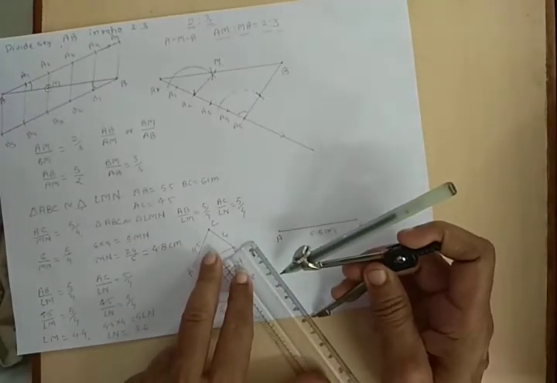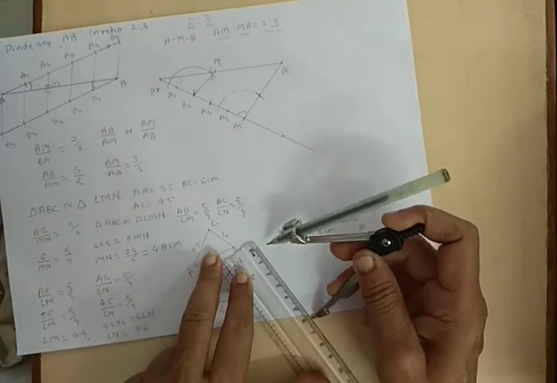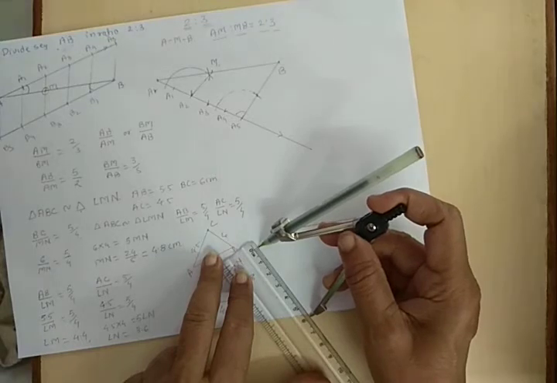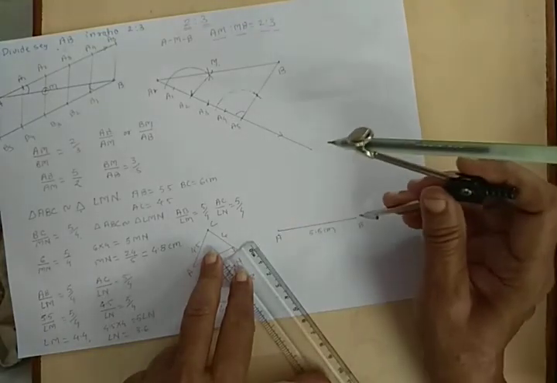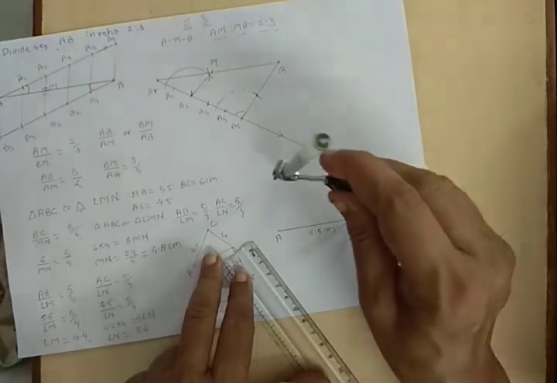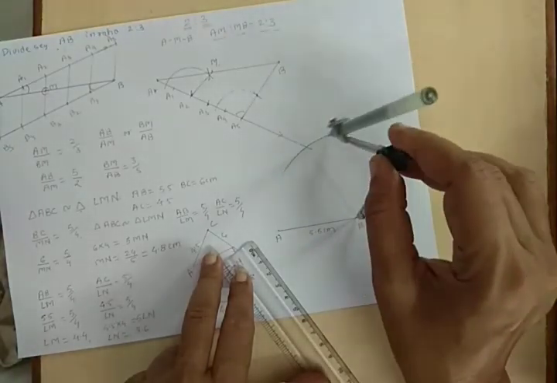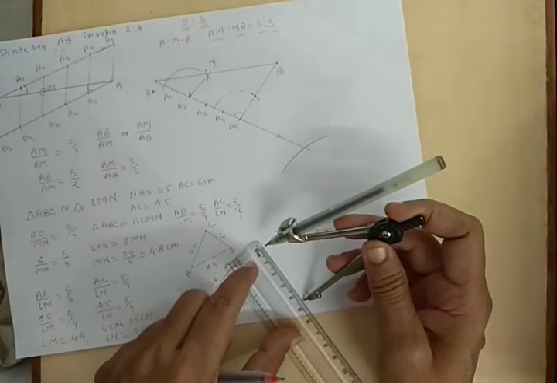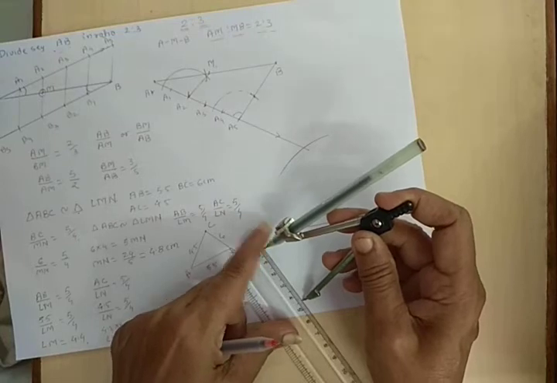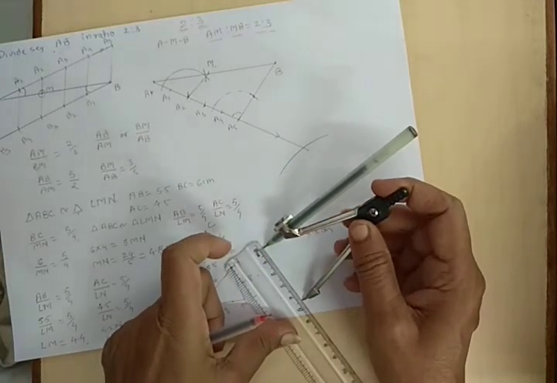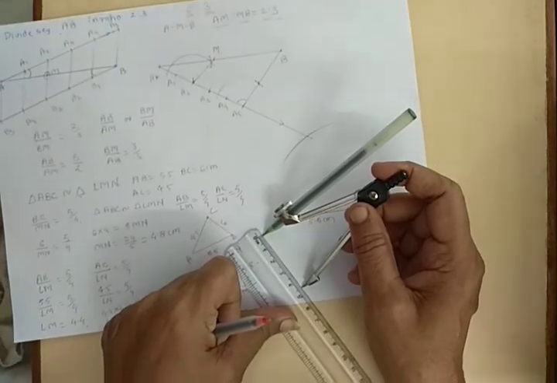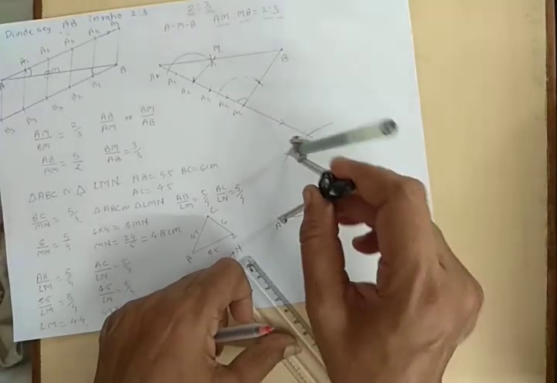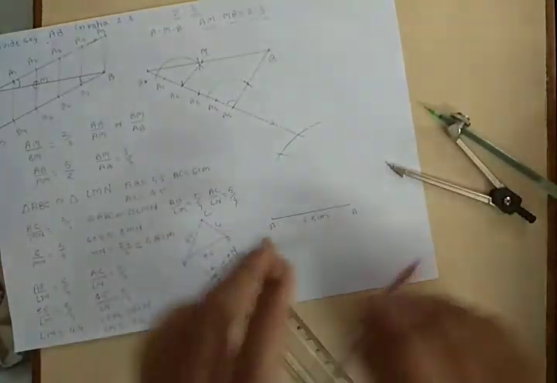So measure 6 centimeters in your compasses, and put the arc. Now what is AC? From A point, it is 4.5. Can you see 4.5? Put the pointer on A and cut. This is our triangle ABC.